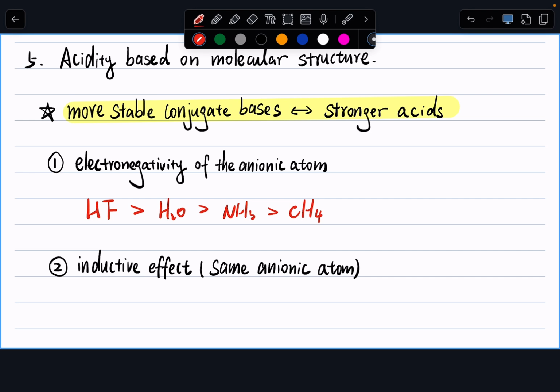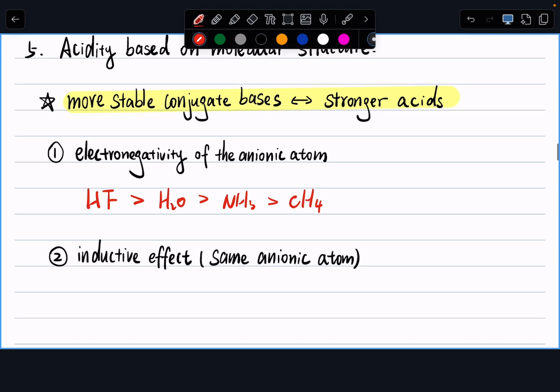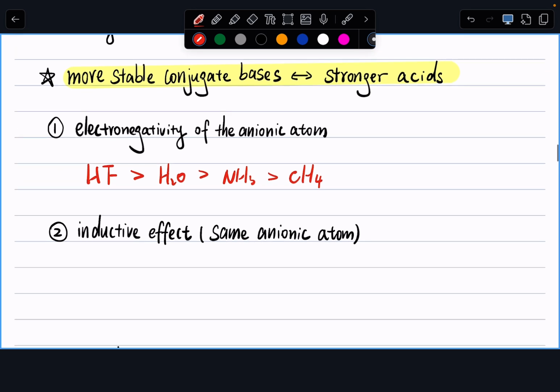On top of that, we discussed having electronegativity not only on the actual anion, but if my electronegative atom is neighboring to my anion, it also provides stability of that anion through inductive effect. So that's the trend when we're talking about, let's say, a bunch of fluorine substituted alcohol.